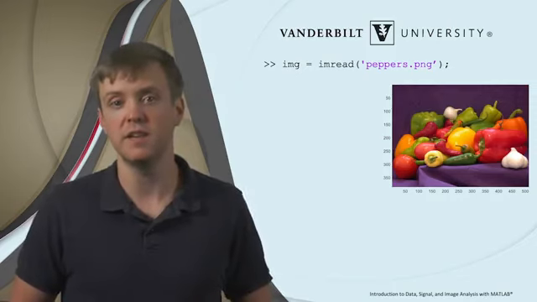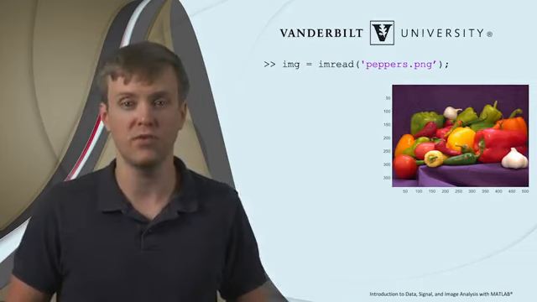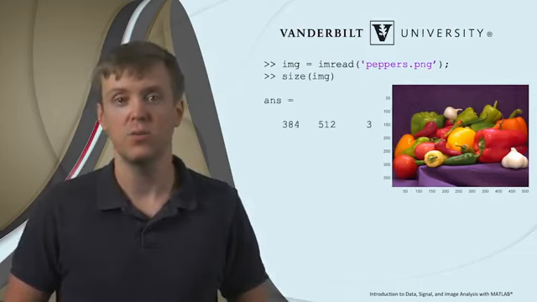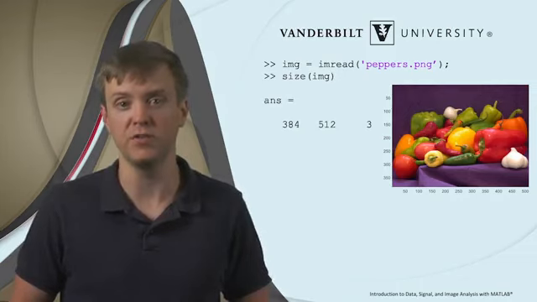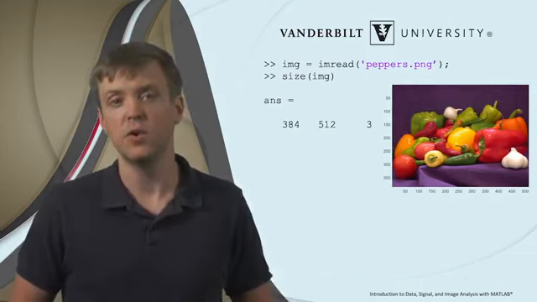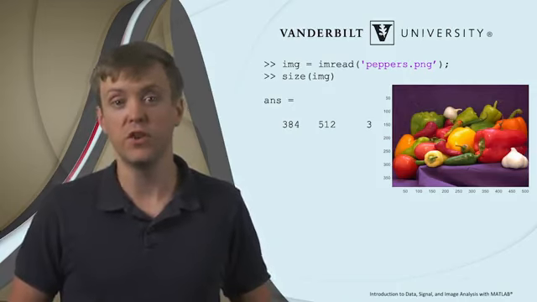That is, instead of just a 384 by 512 pixel matrix, we actually have 3 such 384 by 512 matrices concatenated with each other. This forms a 3-dimensional matrix where the third dimension has the size of only 3.